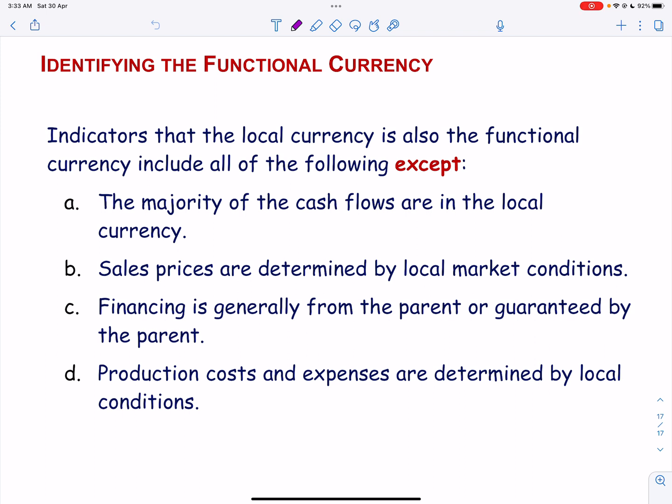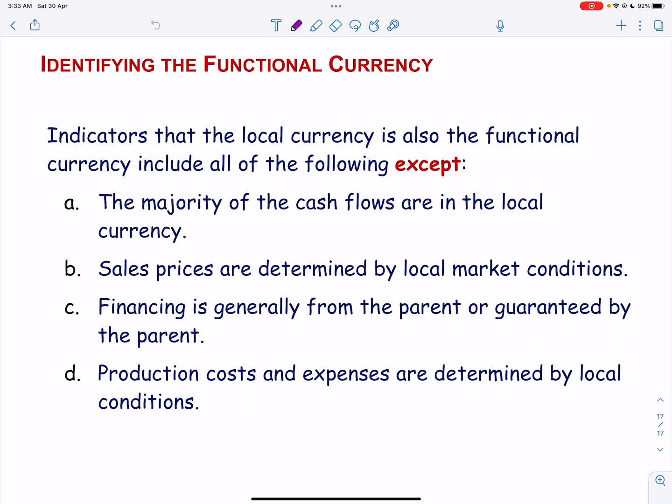Number C, financing is generally from the parent company or guaranteed by the parent company, and the answer is no. So this is the answer in this question. Now when the company receives money from a subsidiary in a foreign country, then the company will exchange this currency, and it doesn't make a difference if it is the functional currency or not.